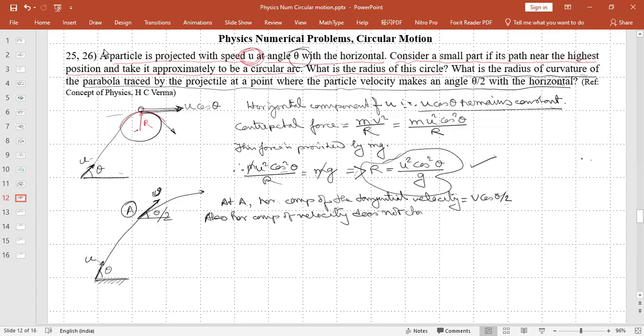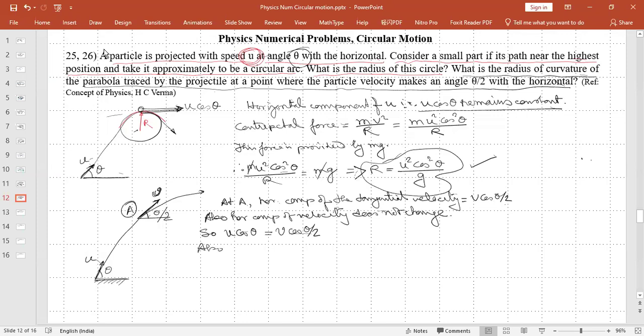So we can write u cos theta, the horizontal component at the beginning, will be equal to v cos theta by 2, where v is the velocity at that particular point we are trying to discuss.